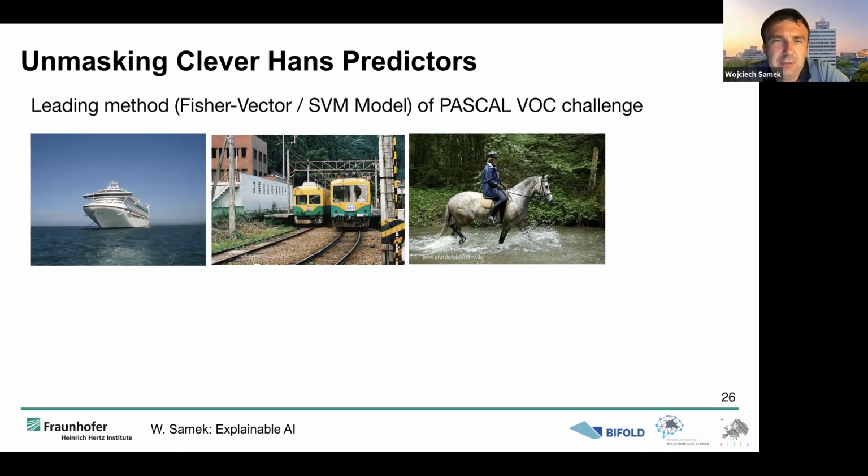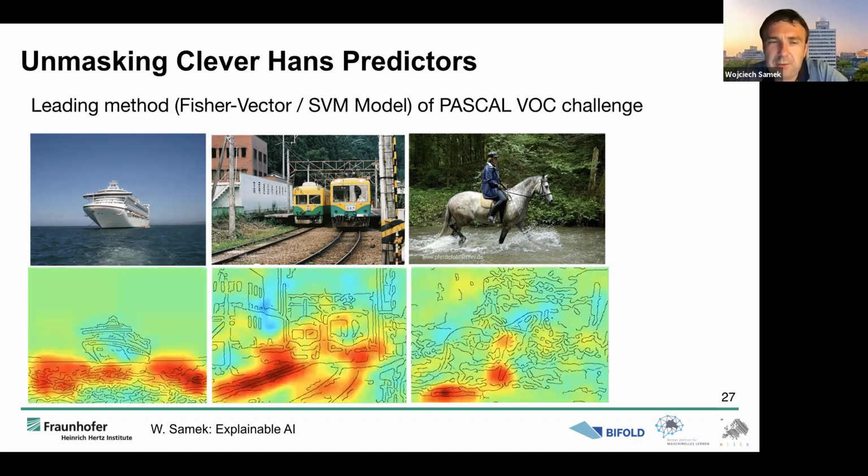And you see that the model is really doing strange things. The winning method is not doing what it is supposed to do. It classifies ships by the presence of water. It classifies trains by the presence of tracks, and it classifies horse images by the presence of a strange copyright watermark.